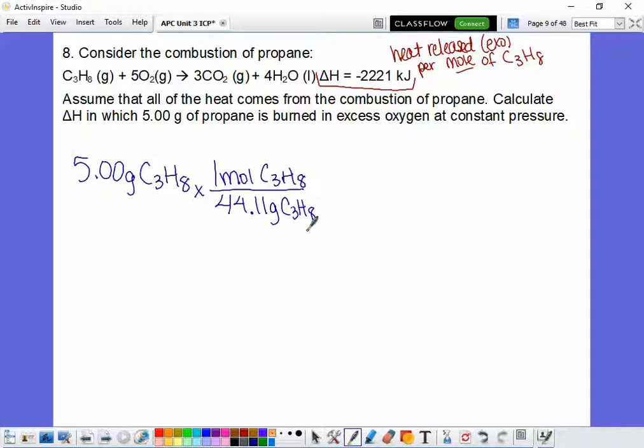And now, so this would tell me how many moles of methane I'm burning. Or sorry, not methane, propane. That's how many moles of propane I'm burning. Well, now I'm going to figure out what's my kilojoules for that mole, okay? Or for those moles. So I can actually just put this in my stoichiometry.